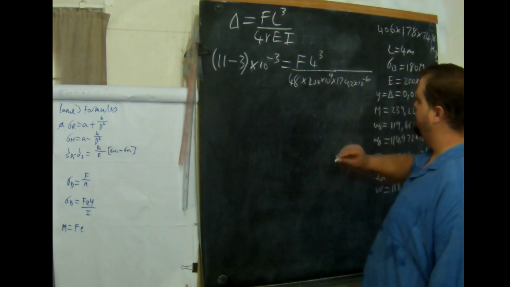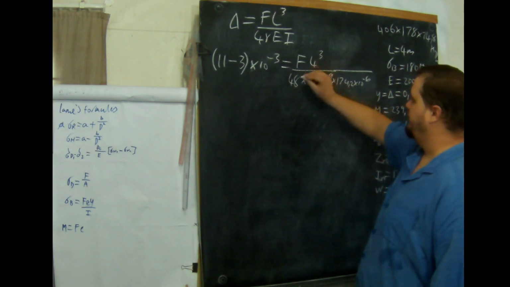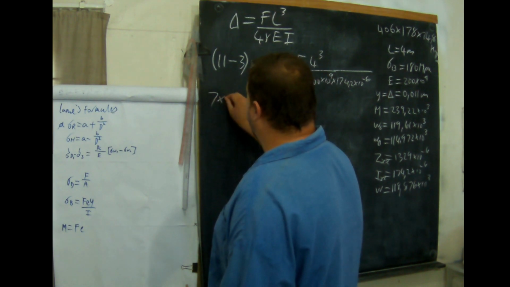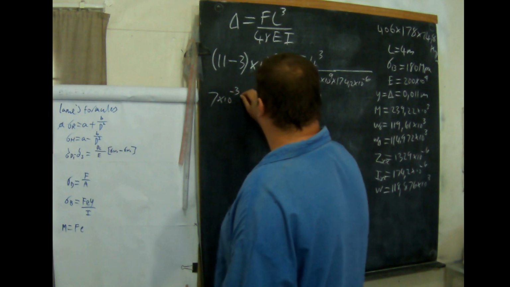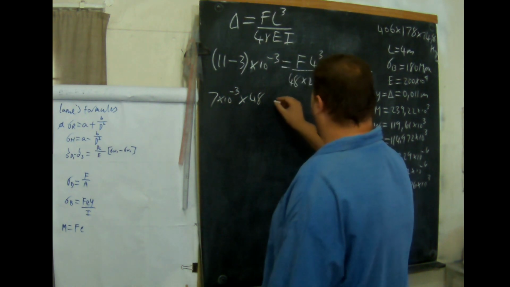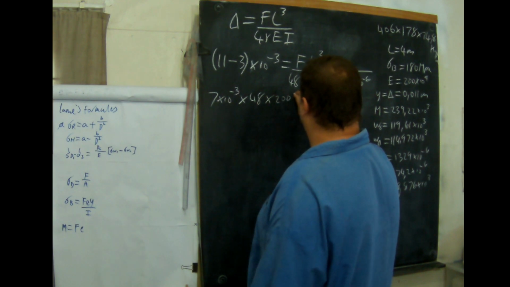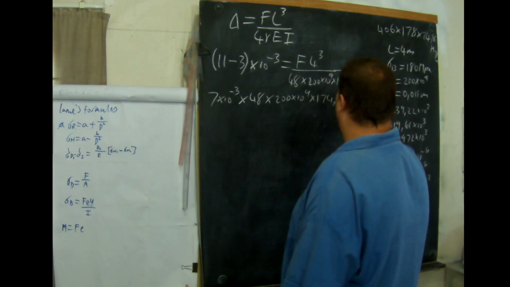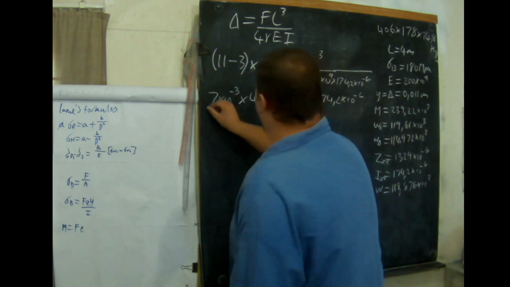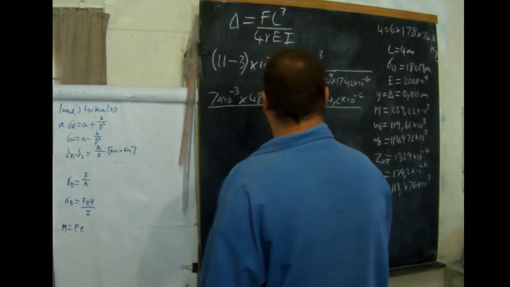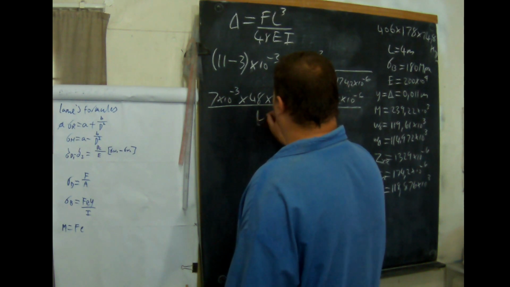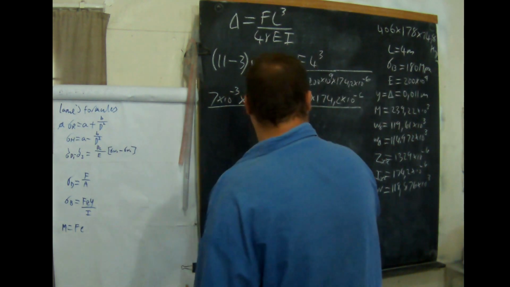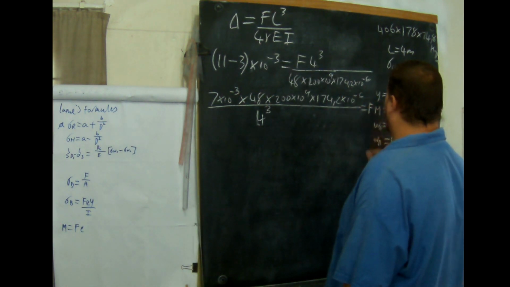We want F. So these go to the top and that goes to the bottom. So 11 minus 3 is 8. 8 times 10 to the minus 3 multiplied by 48 times 200 times 10 to the 9 times 174,2 times 10 to the minus 6 all over 4 to the power 3, which is all equal to F.